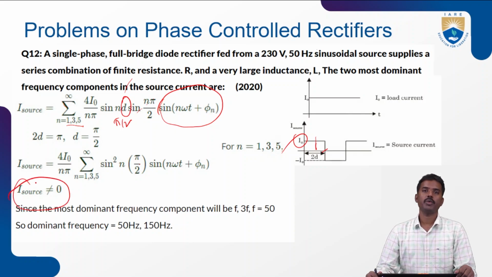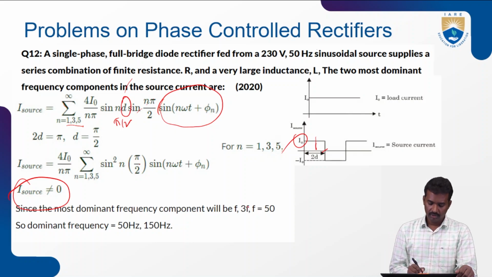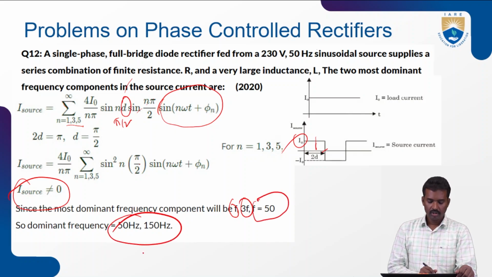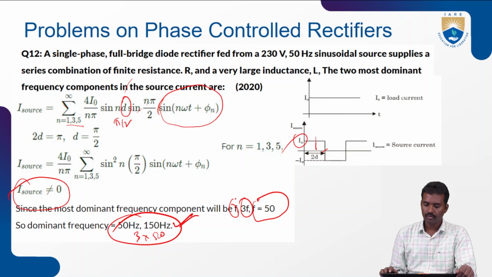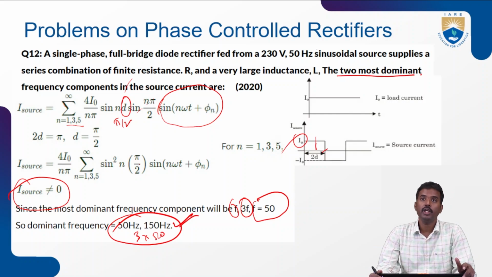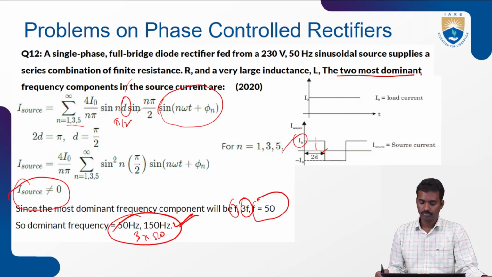So the most dominant frequency component will be 3f, and f equals 50. So 3 into 50, that is 150. Two most dominant means the first two. The next is 5 into 50, that is 250.